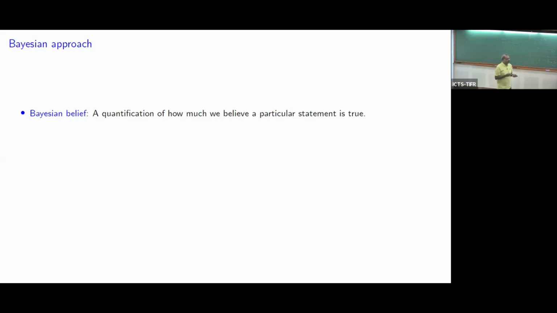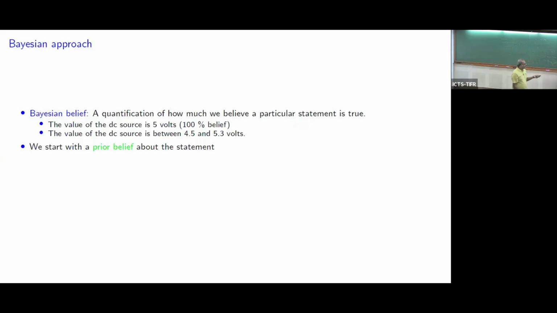But here we say that there is a way in which we can quantify our belief in a particular statement. For example, we can believe very strongly that there is going to be rain. But we are going to quantify that. We are going to put a number to it. We are going to say that this is our belief that that will happen, or that statement is true. So this is called a Bayesian belief.